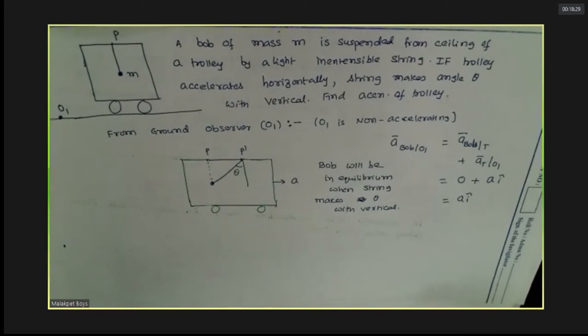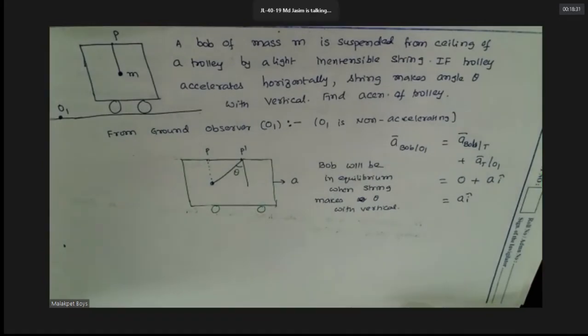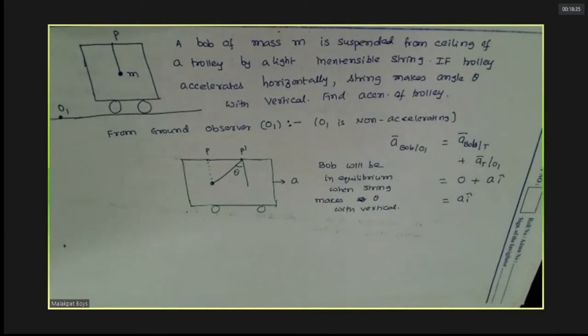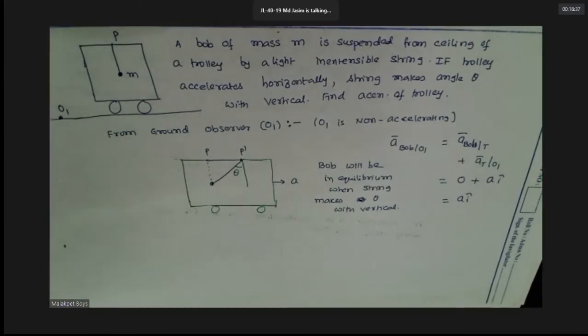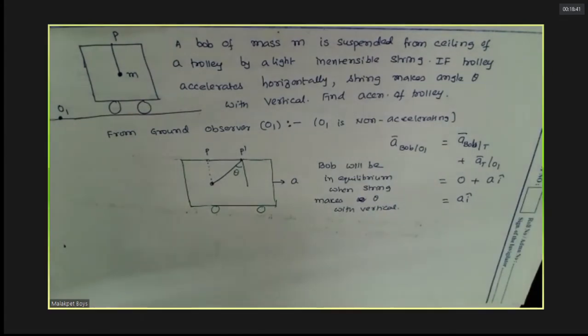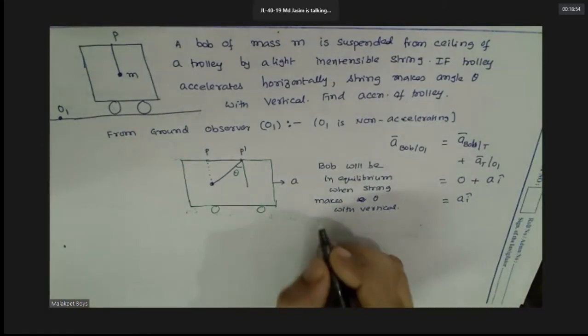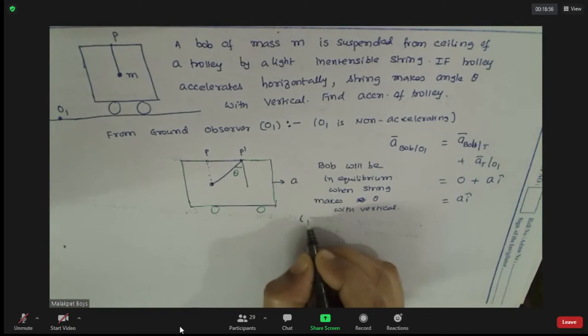Any doubt till here? No, sir. Sir, one doubt: both will be in equilibrium means what, sir? Equilibrium means it has the same acceleration as the trolley. Therefore, the acceleration of the bob with respect to the trolley will be zero. Okay, sir.